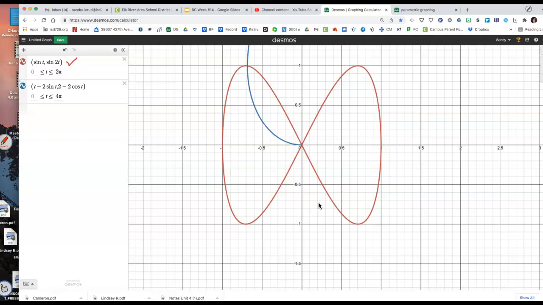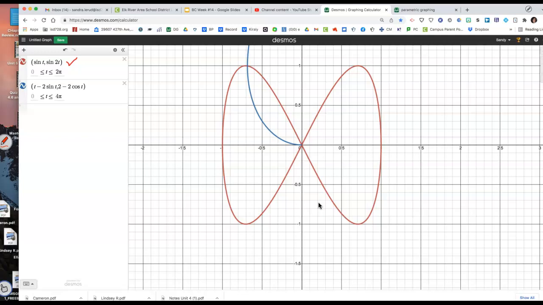There you go. What's the most sine can ever be? 1. What's the least? -1. So I like to go from -1 to 1 so it takes up my whole screen. And then, TJ, we also talked about if you hit zoom square, it'll square the window up and make it look nicer. Were you able to get it to graph? Yeah. Okay, awesome. Just making sure we're catching everybody up here.